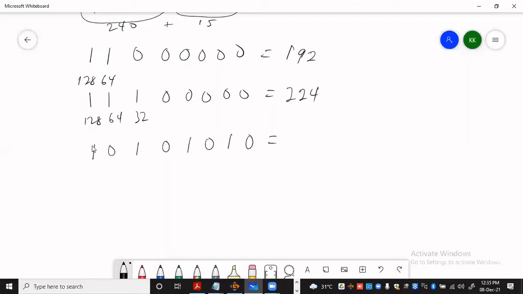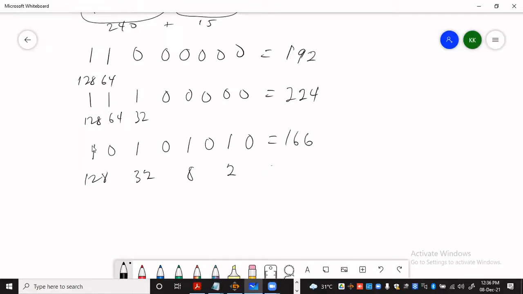Is that correct? So you have 128 plus 32 plus 8 plus 2, right? That's 170. Yeah, 170 is correct. You guys are getting the concept, right? It's a pretty straightforward concept.